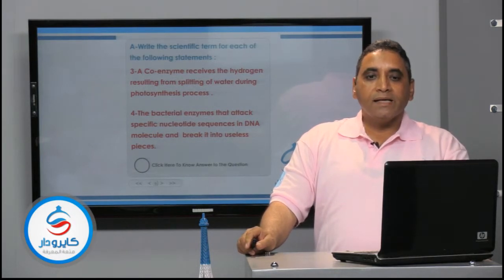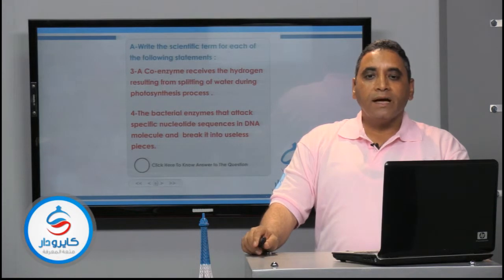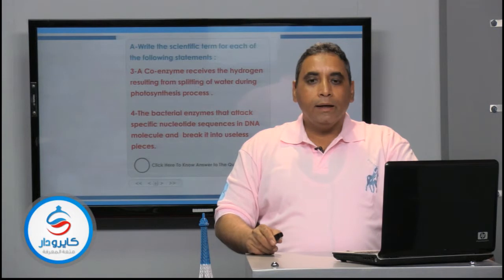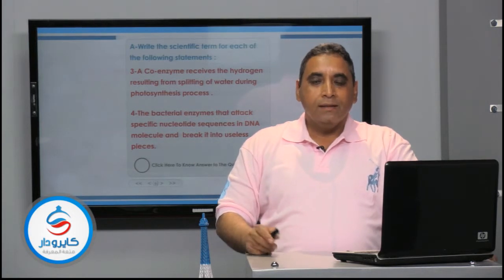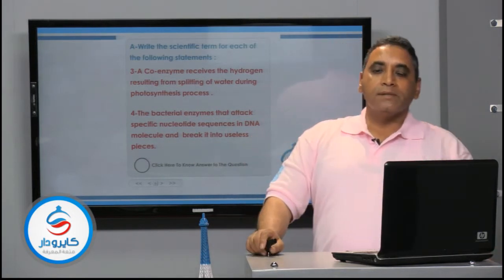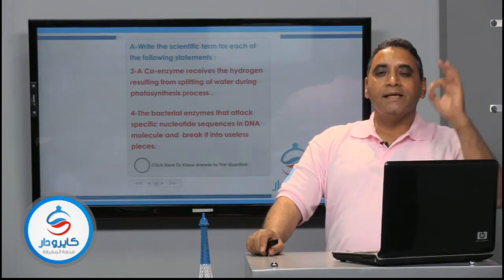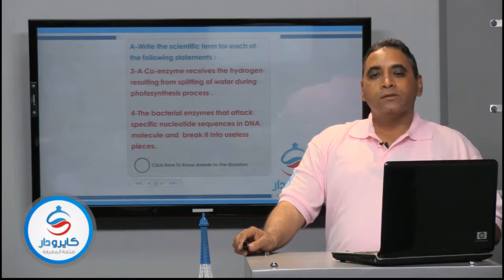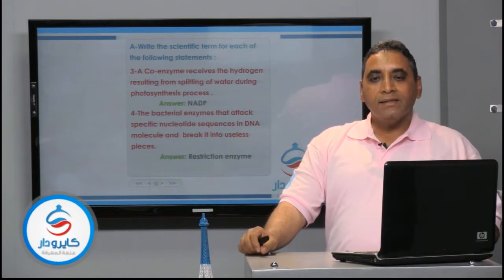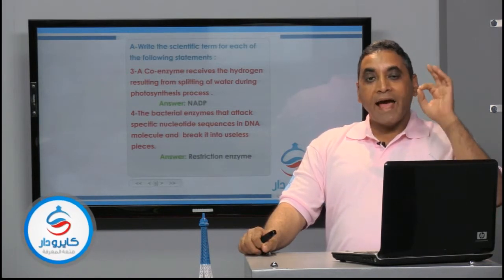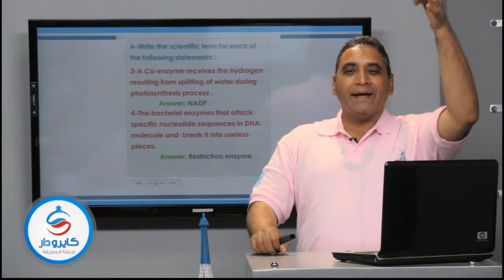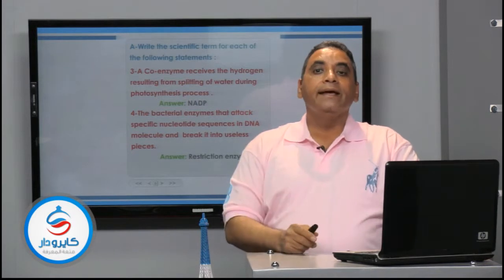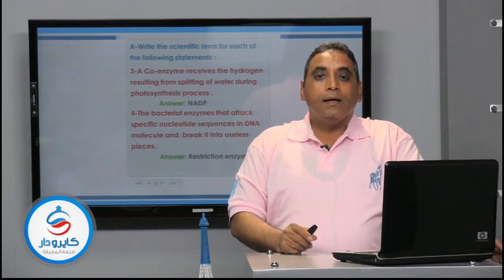Number 4, the bacterial enzymes that attack the specific nucleotide sequence in the DNA molecule and break it into useless pieces. The question asks about the enzyme that cuts the DNA at certain parts, which are called the recognition site. The enzyme is called the restriction enzyme, and its action is restricted to a certain part, the recognition site, to cut the DNA into useless pieces.